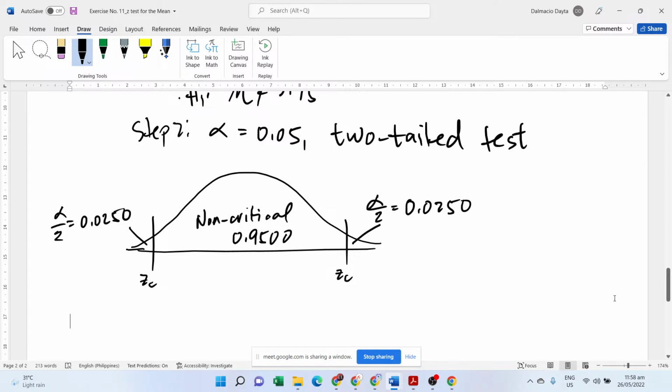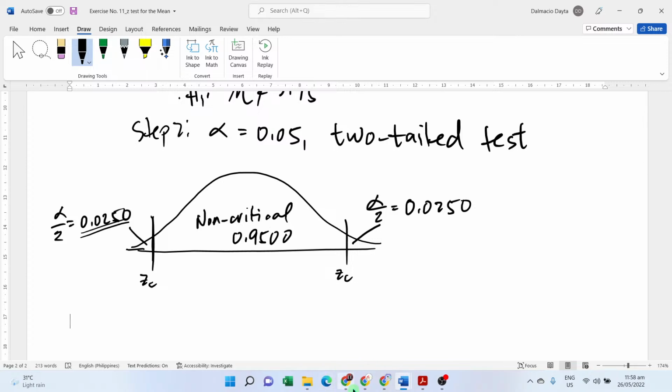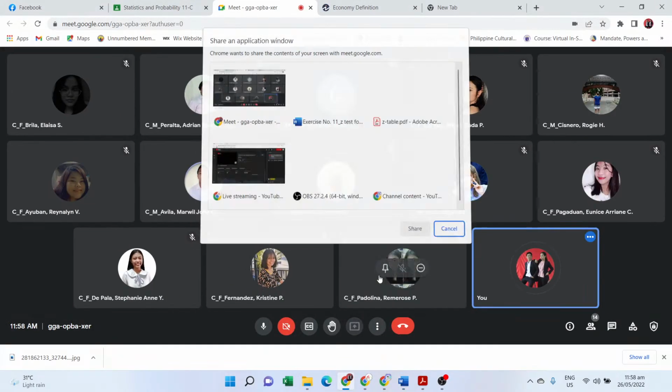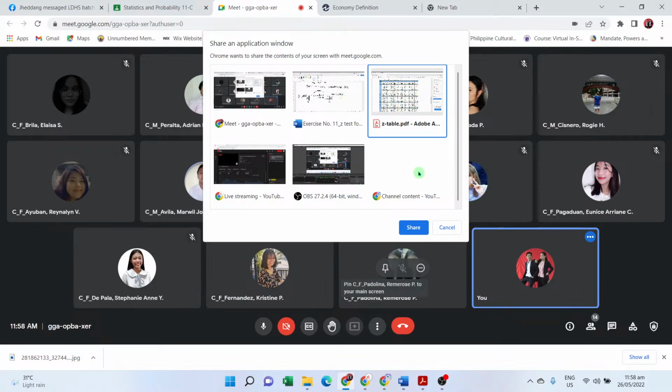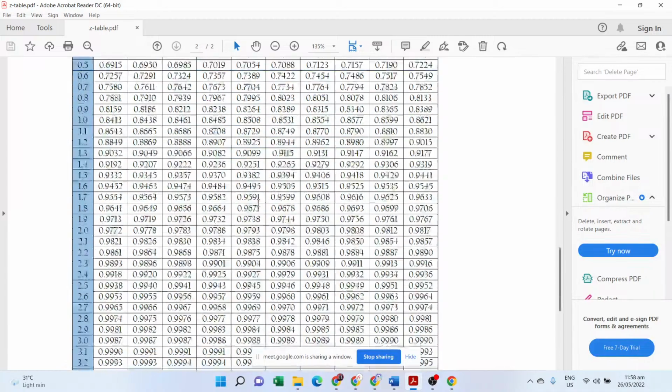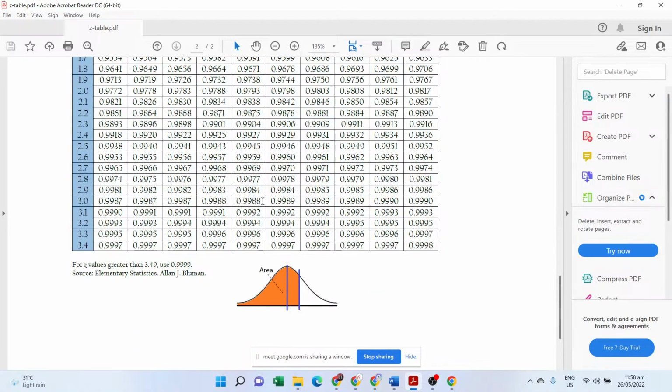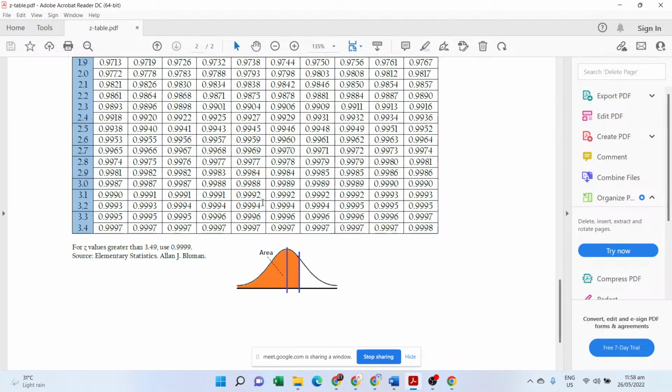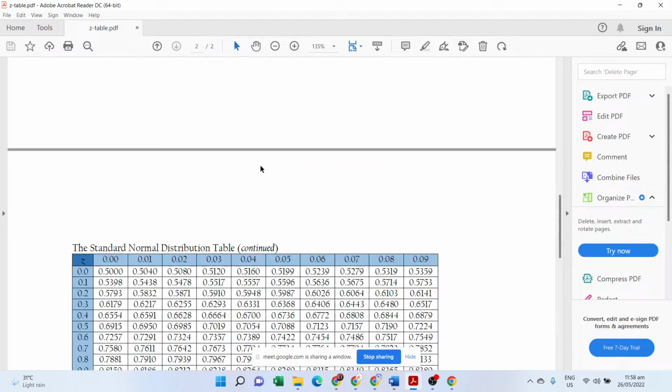Now, kanina, 0.9500 yung hinanap natin sa table. Pero, this time, eto na yung hanapin natin. Ang kukunin nating area ay 0.0250. Share screen ako para makita natin yung table, or lipat na lang ako dun sa table. Yan. So, on the left side, the area is 0.0250. Sa negative value tayo, syempre.